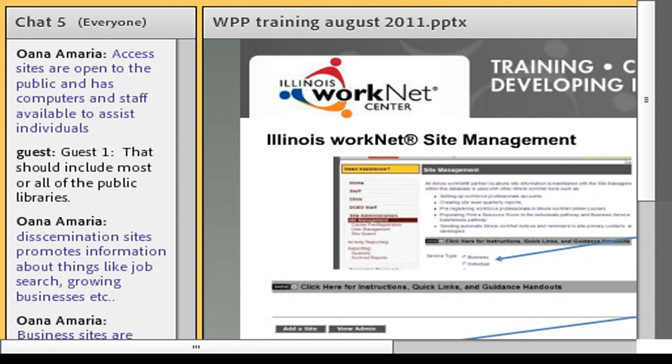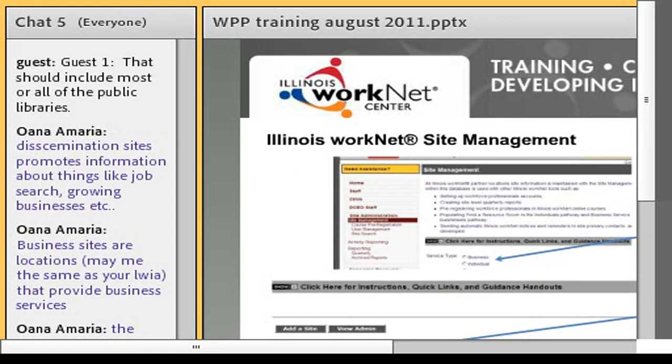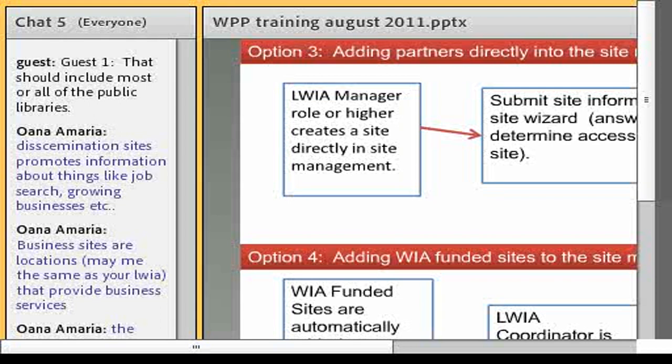So basically, if it's WorkNet, you've entered it or somebody else has. If it's IWDS, it's coming directly from IWDS, and some of those fields are locked because IWDS is the controlling database, so you'll need to update the information through IWDS.